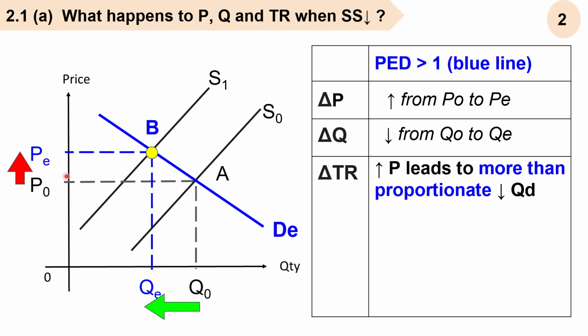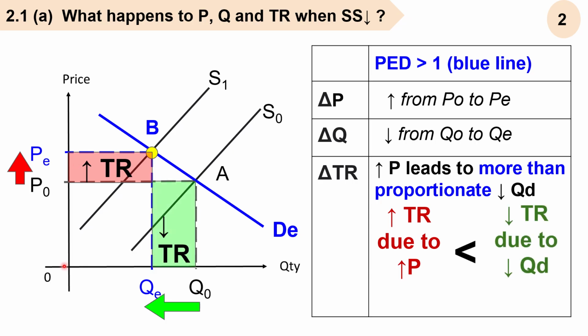So what's the formula for total revenue? I just now mentioned. Yes, price times quantity. So can we see that the increase in total revenue due to P, which is this red box, is actually less than the decrease in total revenue due to QD.